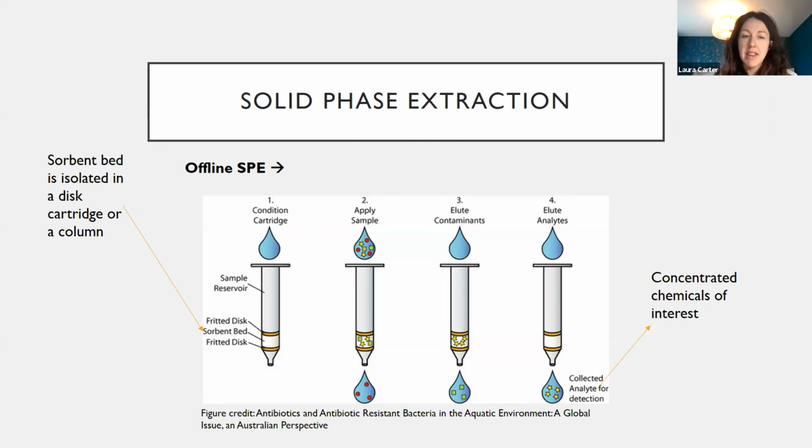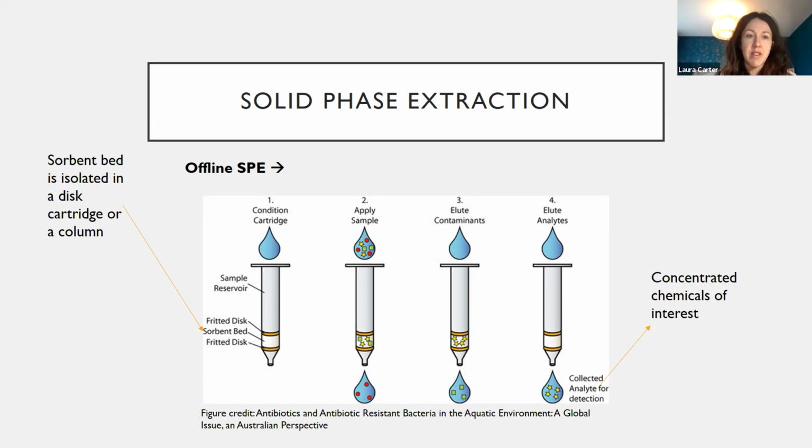After you activate your sorbent, you pass your water through. This can range up to hundreds of mils. We've passed liters, up to about 1.5 liters of water through a cartridge before.